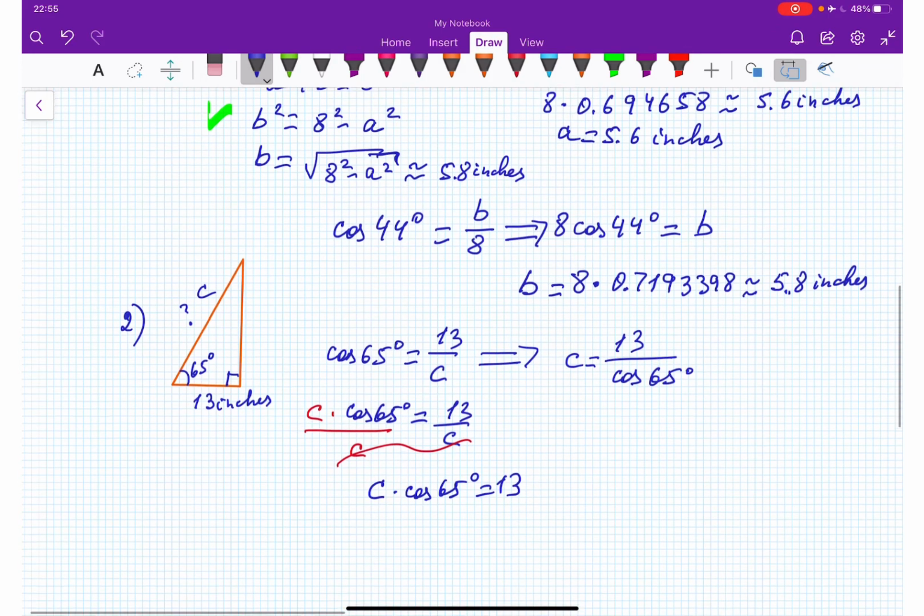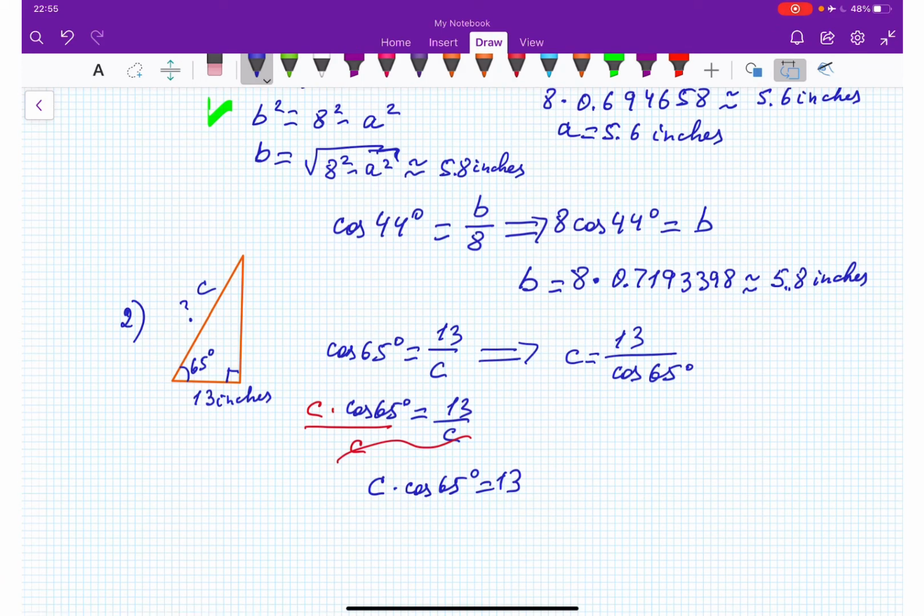If I want to find C, what am I doing? I need to divide by cosine 65, getting rid of cosine 65 on both sides. I need to do the same division. This is gone, and C is equal to 13 over cosine 65. Okay? All right, back to our operation.